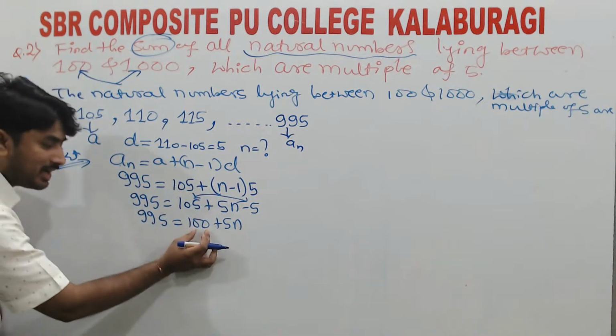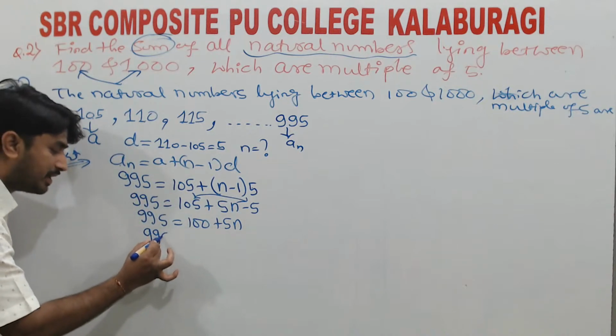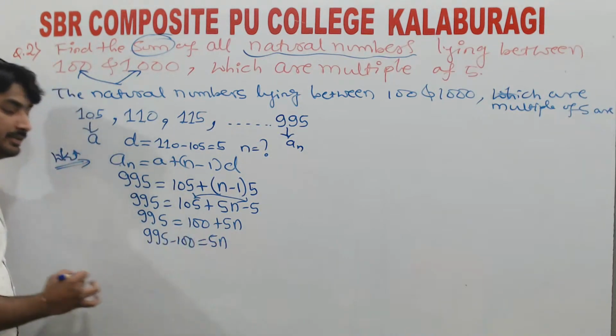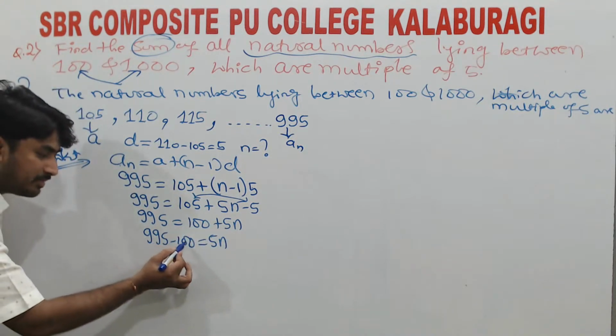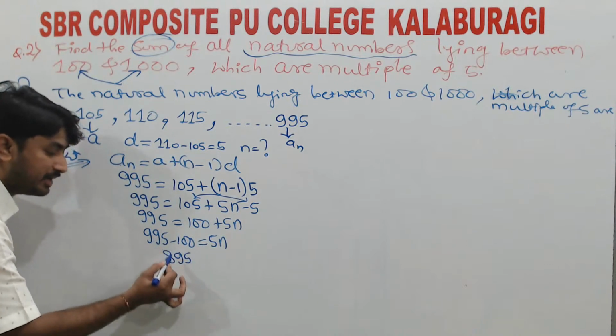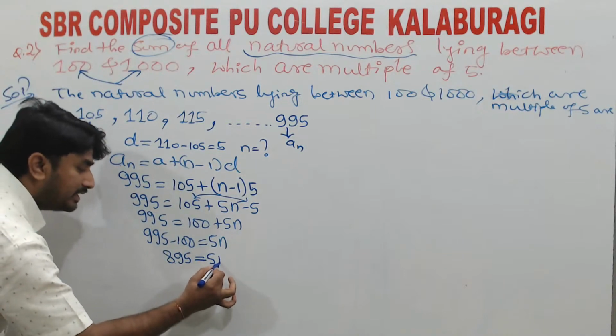Taking 100 to the LHS, 995 minus 100 is 895, equal to 5n.